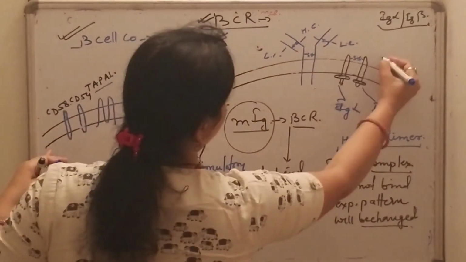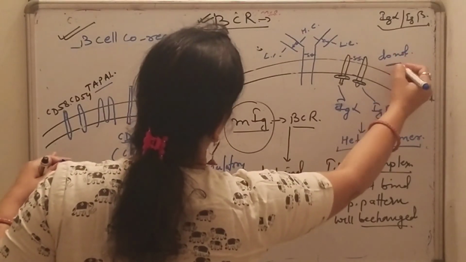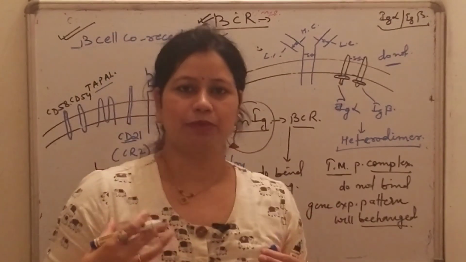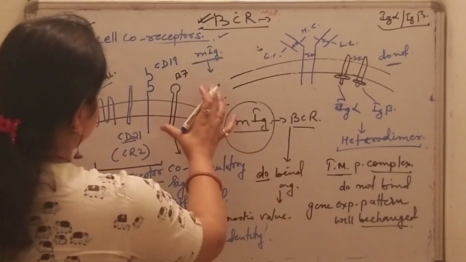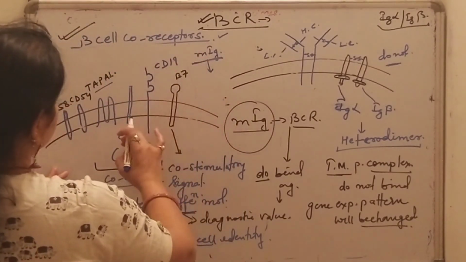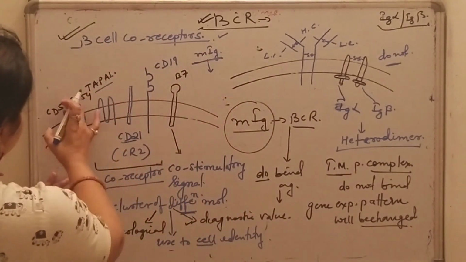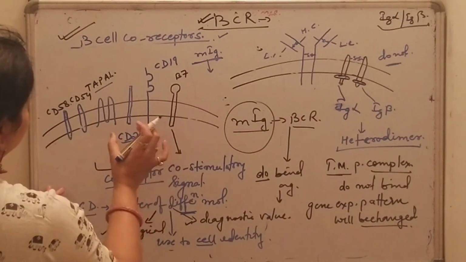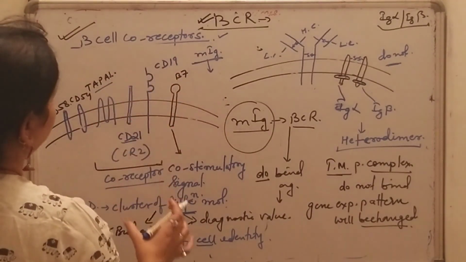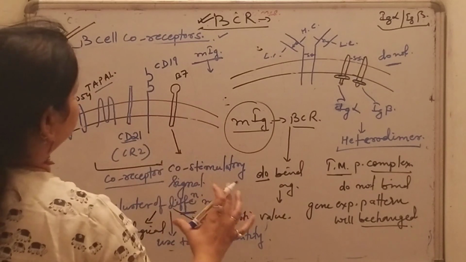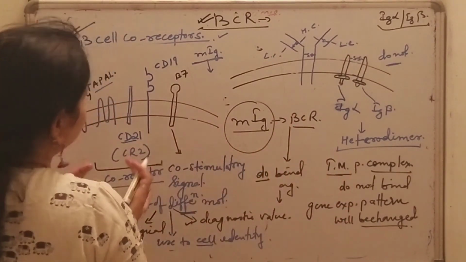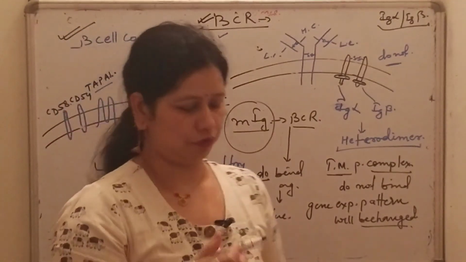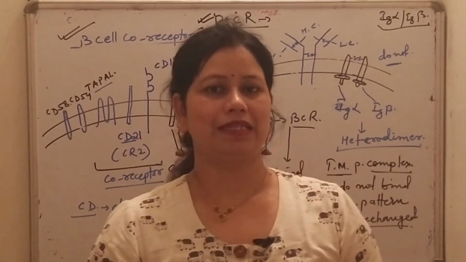But this heterodimer molecule does not bind with antigen, but it is responsible to transmit the signals to the cell's nucleus so that the gene expression pattern can be changed. Okay, and there are some other molecules such as B7, CD19, CD21, TAPA1, CD54 and CD58. In this case, the co-receptor molecules are CD21, TAPA1 and CD19, and these different molecules have different functions. So these all interact with each other for the functioning of this B cell, which will be differentiated to form the plasma cell. So this is all about the B cell receptor and co-receptor.